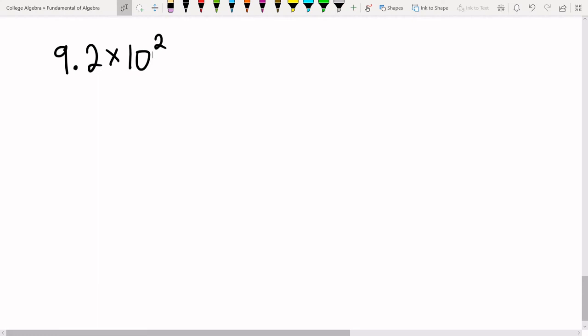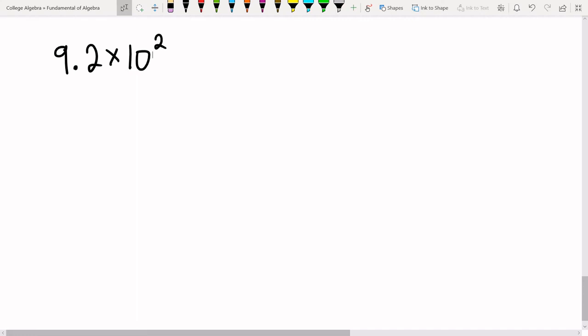So let's take this scientific notation, 9.2 times 10 squared. Our number system is base 10. That's the reason why we have a 10 to some power there. And 9.2 is a much easier number to look at. And 10 squared, once you get a hang of what scientific notation means, can tell you the magnitude of that number.